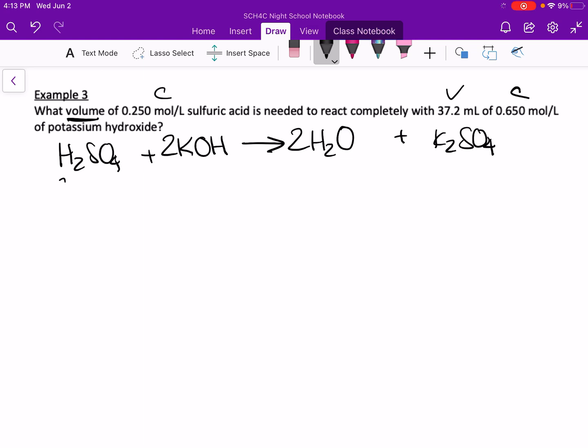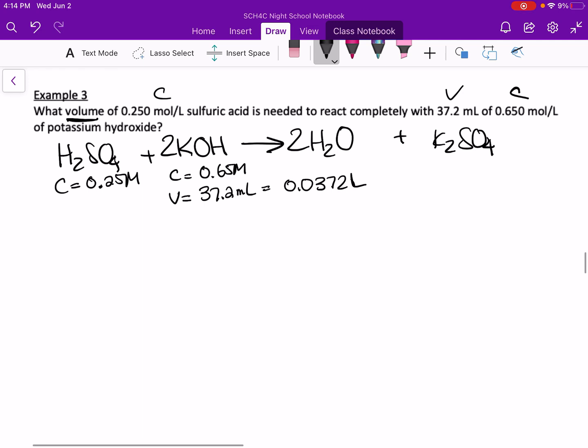Now I'm given a concentration of 0.25 mole per liter and a concentration of 0.65 mole per liter. My volume here is 37.2 milliliters, which is equal to 0.0372 liters. I'm looking for my volume of sulfuric acid.